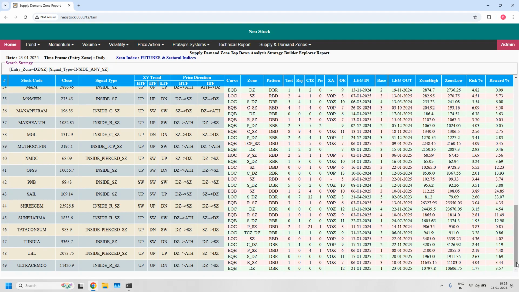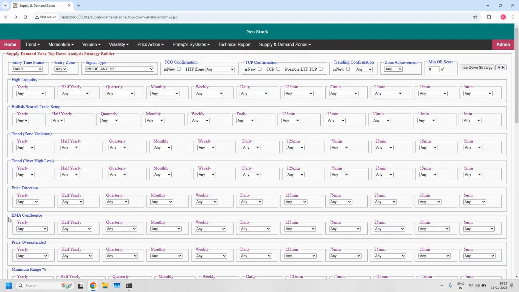Out of these 49, how many of the daily supply zones are having daily EMA Confluence? Let's verify. In the EMA Confluence at daily time frame, I am setting the filter daily supply zone having daily EMA Confluence, and trend on daily time frame can be up or down, should not be sideways.